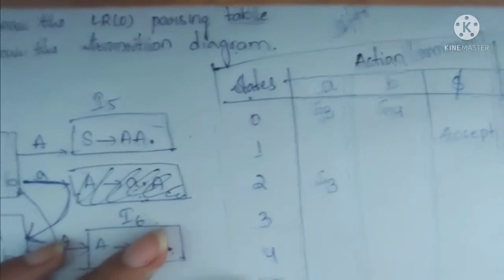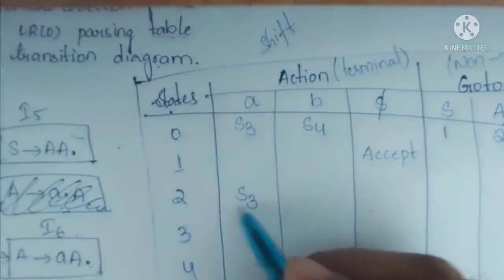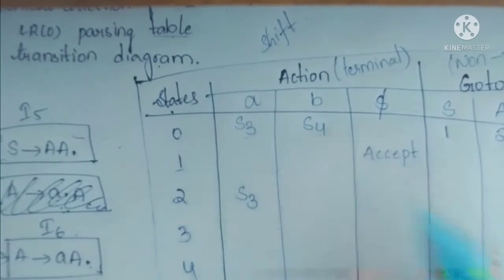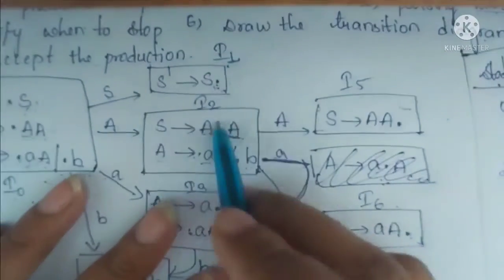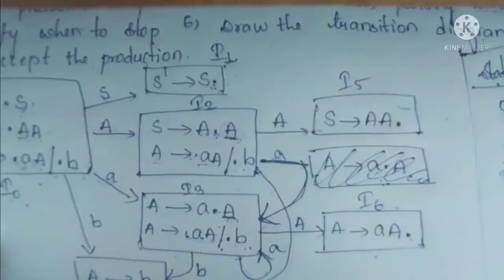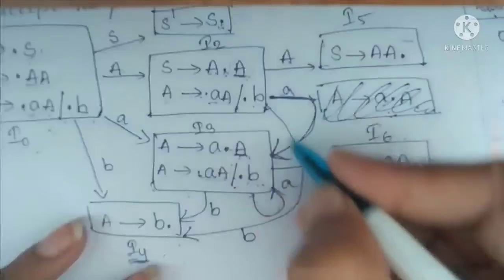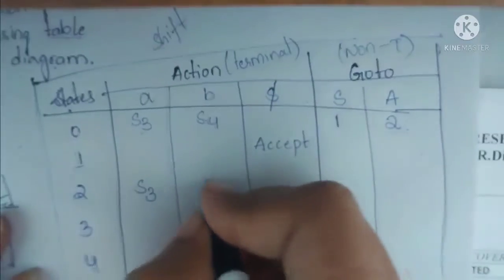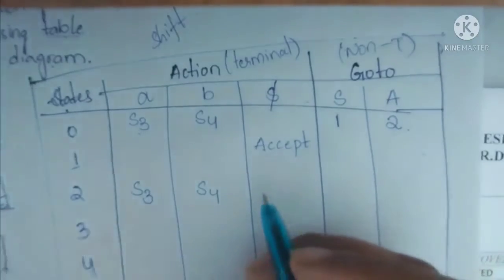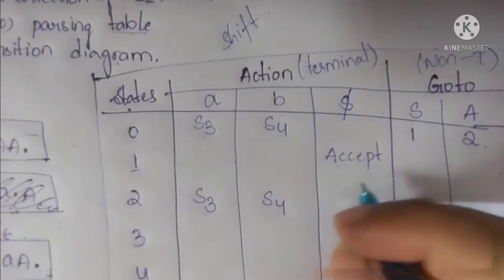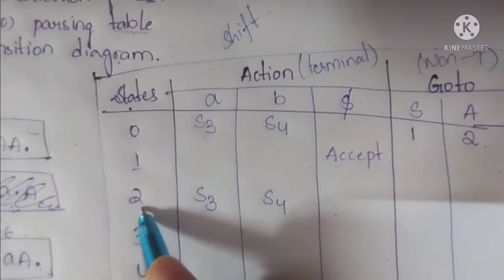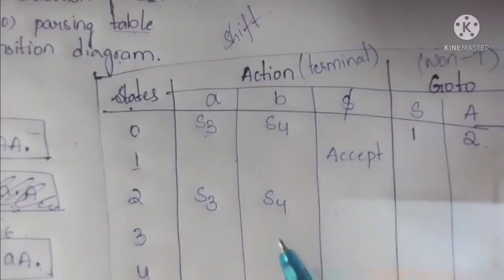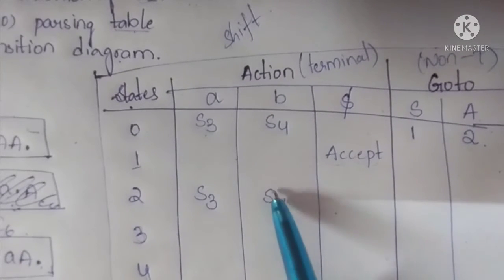Next, I2 on B is moving to the I4 state, so write S4. So from I2, B is going to the I4 state, so I have written S4.